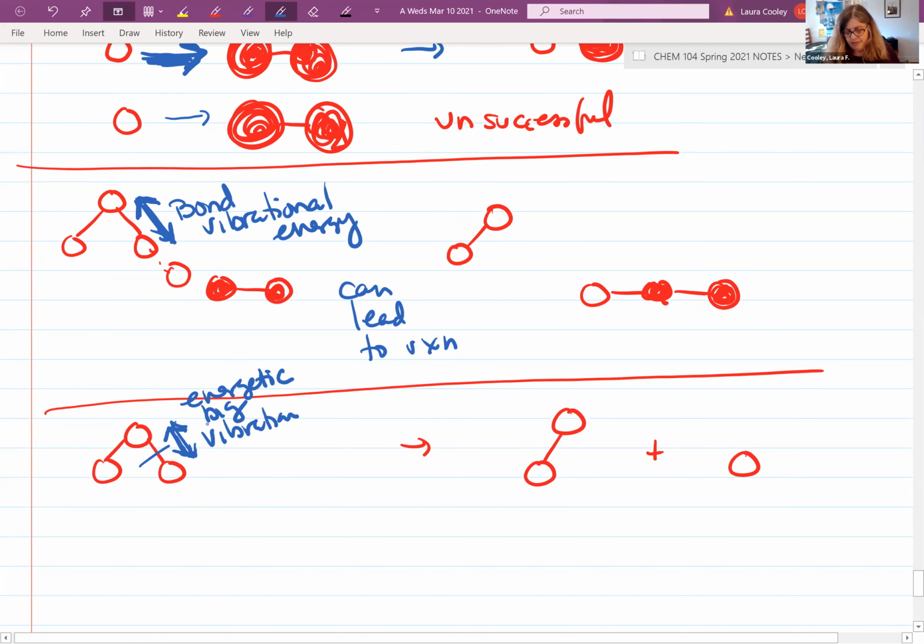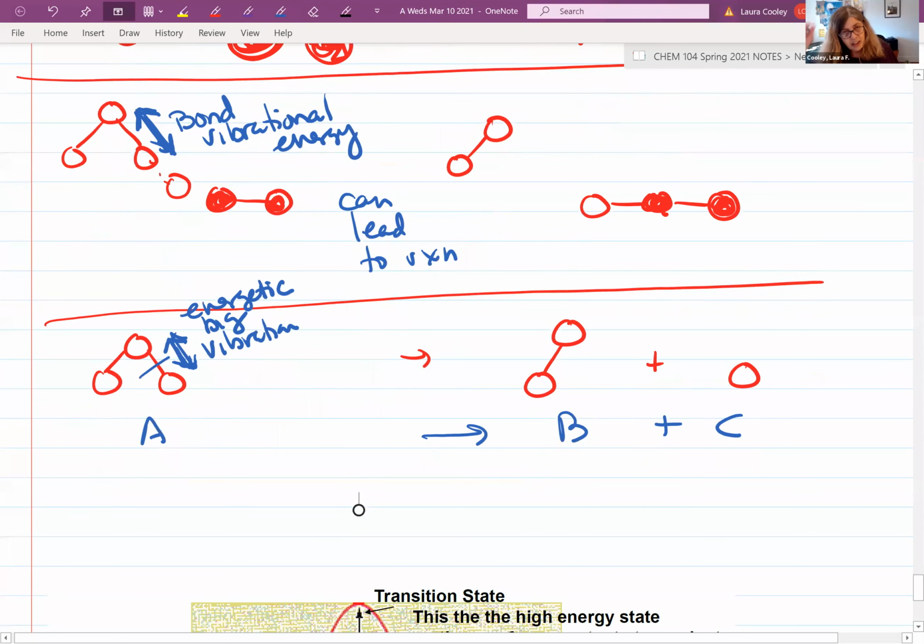And then you basically took A to B plus C. So there's lots of ways that energy in the particles that are actually reacting can lead to reaction.